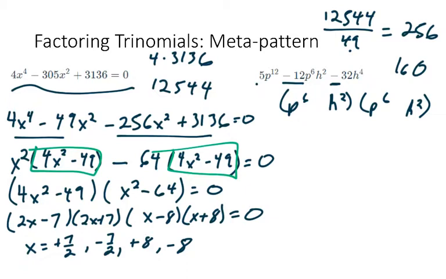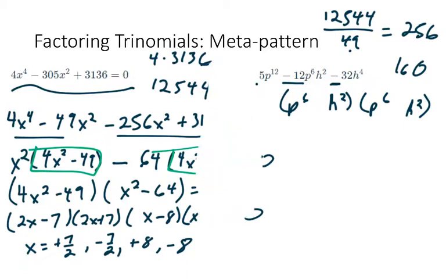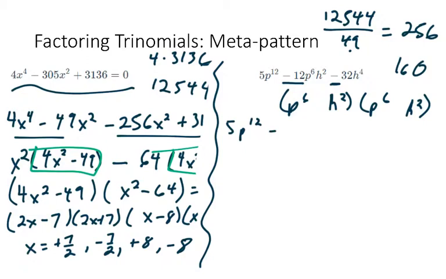And hey, I think that does work. So I'm going to make myself some room over here, by the way. So I'm going to have that 5p to the 12th minus, we can do the 20, because it's 8 and 20, it's got to be the larger.